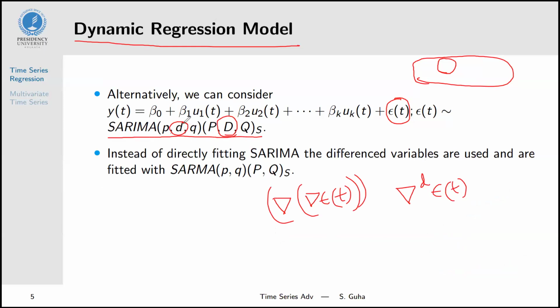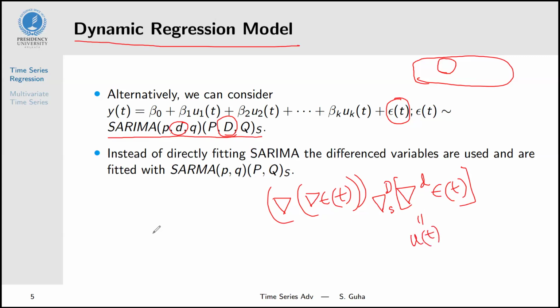Now, after doing this small d times differencing, remember that there is also a seasonal part, and that seasonal part also has a capital D. So that means now, after getting this, you have to apply the seasonal differencing part. And after these many operations, you must be coming up with some new time series variable, ut.